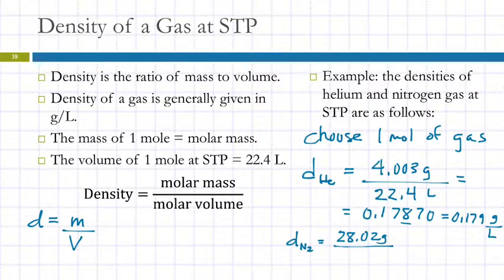And what's the volume? 22.4 liters, because we're at STP. So 28.02 divided by 22.4 is 1.2508. So 1.25 grams per liter.